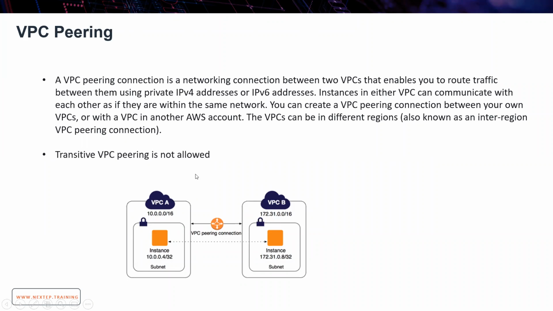So there is no collision of IP addresses between these VPCs. If there is no collision of IP addresses between these VPCs, what you can do is something called VPC peering.